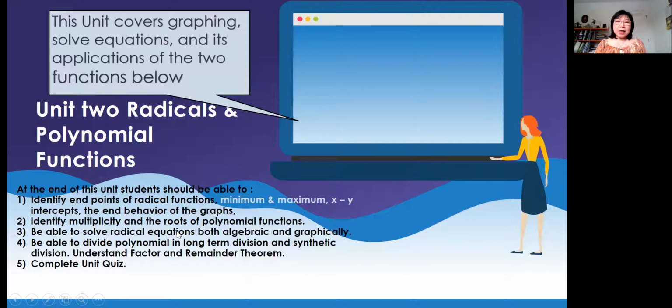Be able to solve radical equations both algebraically and graphically. Be able to divide polynomials using long division and synthetic division. Understand the factor and remainder theorem. Complete the unit quiz.